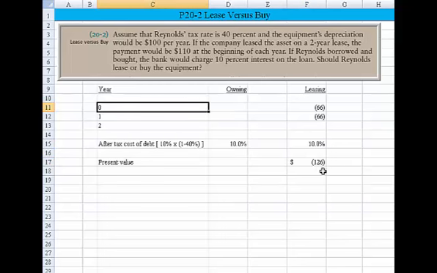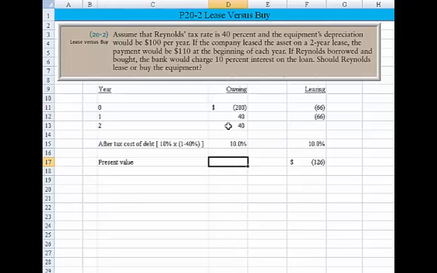Now, when we go over to the owning alternative, here's what we see. We're going to have to spend $200 to buy the equipment. And the assumption there is, since they've told us that the equipment's depreciation would be $100 per year for 2 years, we assume that there's no salvage value and the cost is $200.